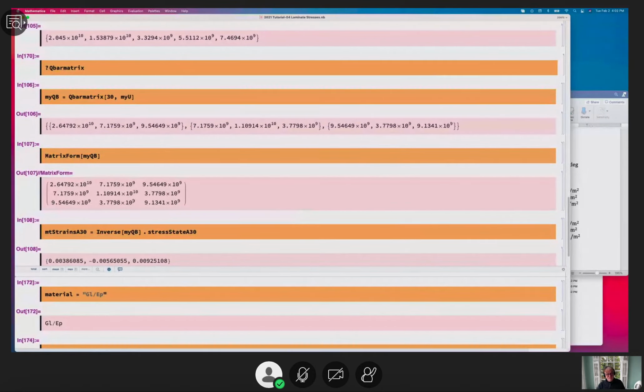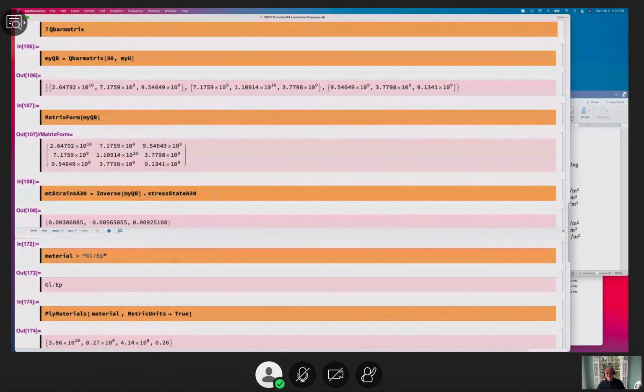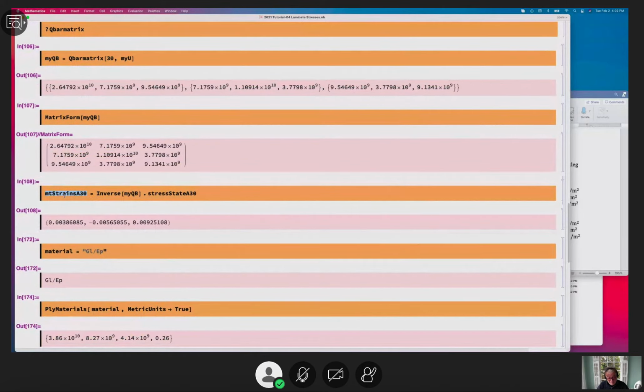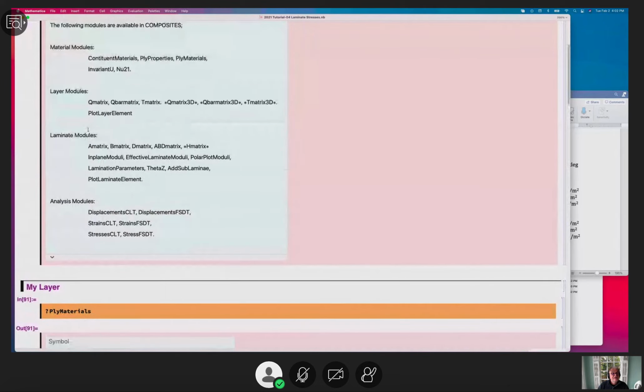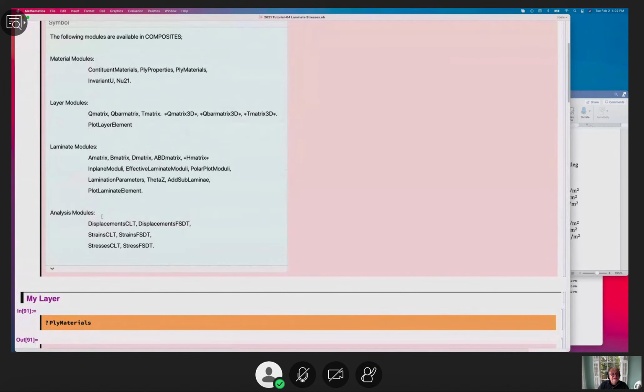Now, of course, we showed that you can visualize these things. So this strain state, I can visualize it. Let me see what visualization modules are there. I did not put them into this list. Do I have these plot laminate modules, plot laminate element, plot moduli?